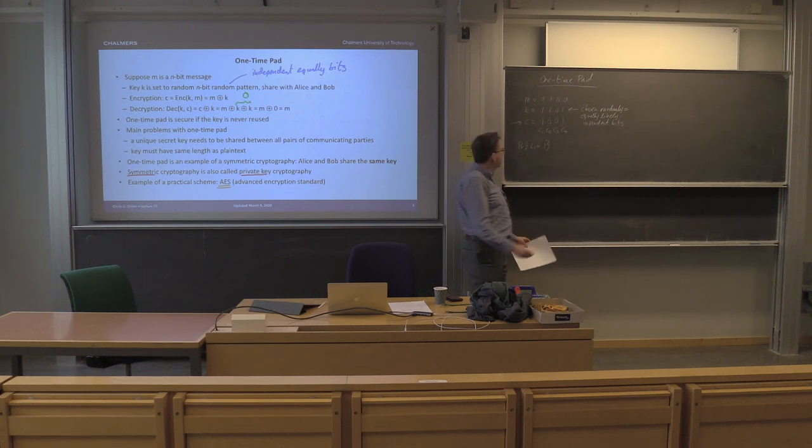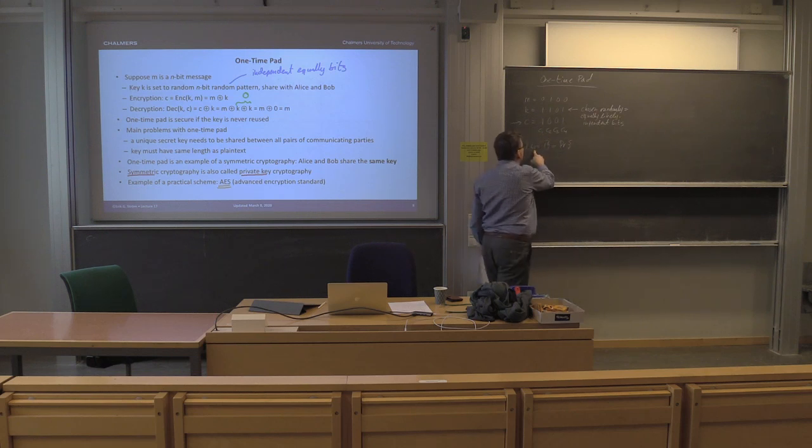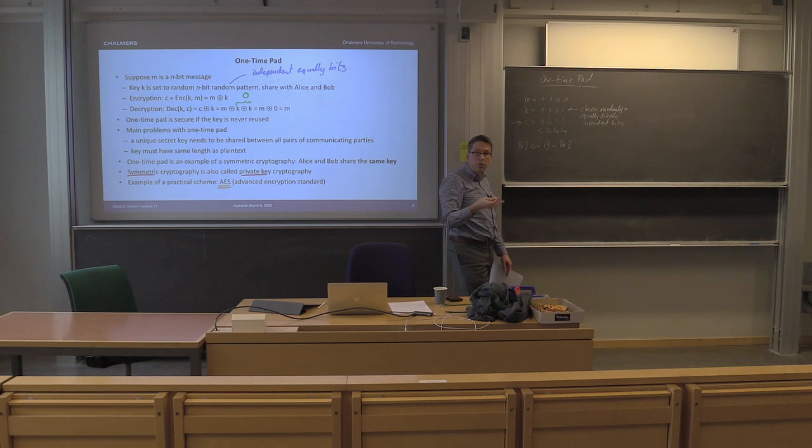Okay, so what does that mean? Well, it means that the probability that C1 is equal to 1 means that the first bit in the message and the first bit in the key are different. Right, they're either 0, 1 or 1, 0.